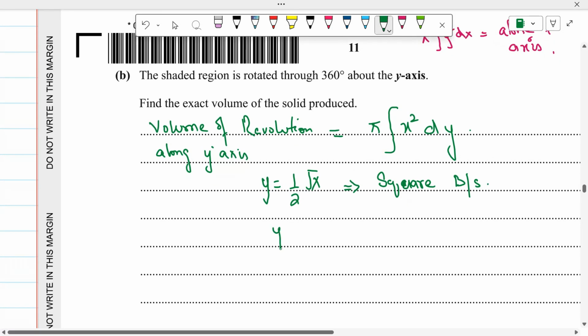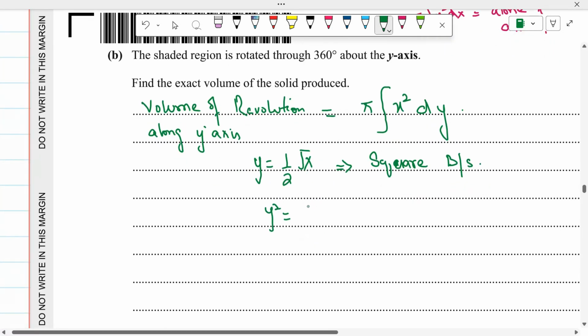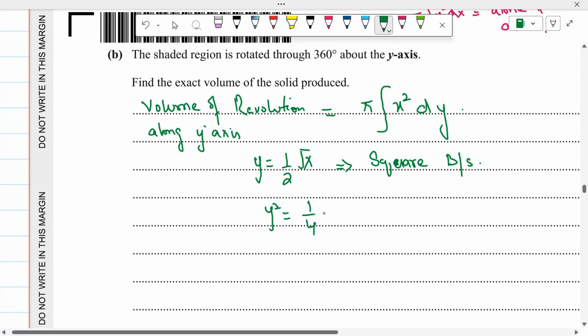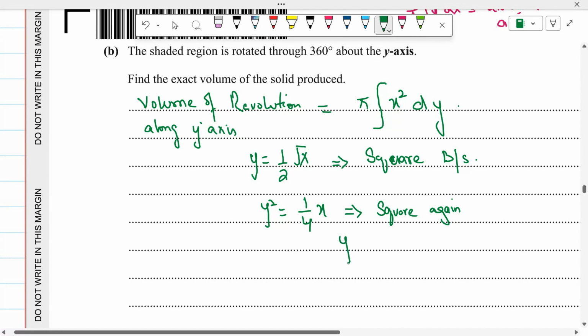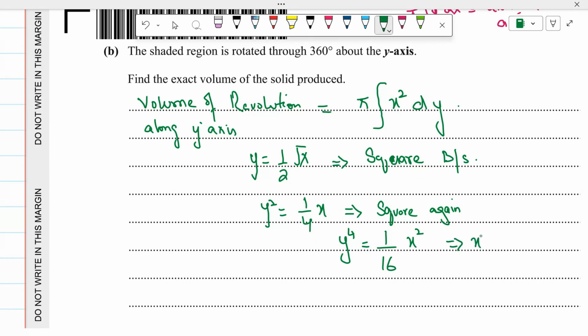We have y squared is equal to 1 over 4 x, since 1 over 2 squared is 1 over 4 and under root x squared is x. Again square, because we need x squared. So we have y to the power of 4 is equal to 1 over 16 x squared. So we can find x squared is equal to 16 y to the power of 4.